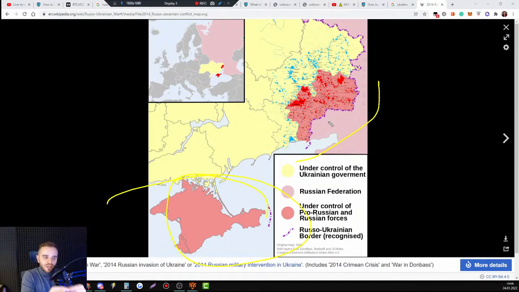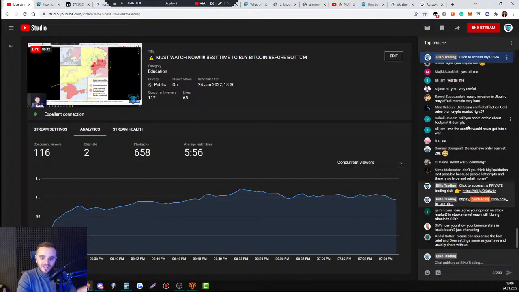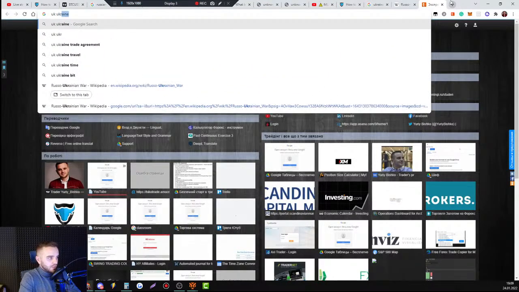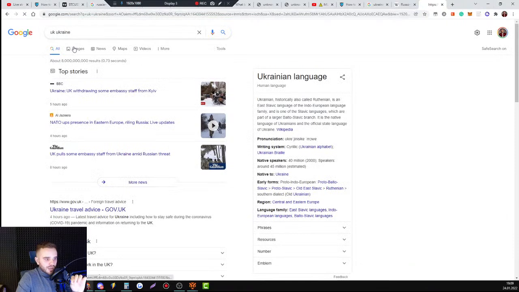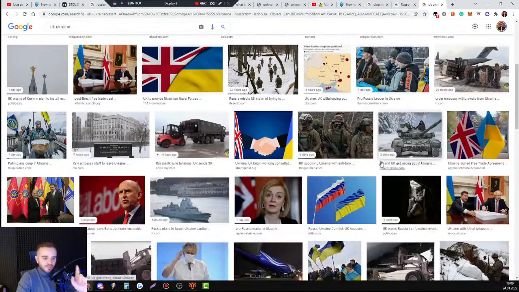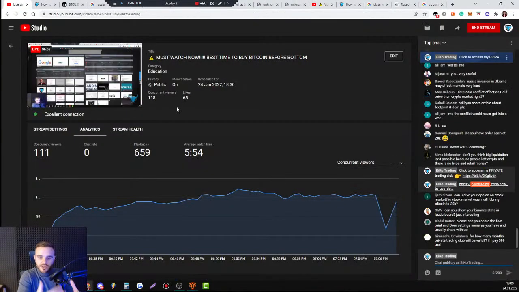Next option, the Ukrainian military's equipment at this moment is completely different than it was in 2014. Why? Because they have new tanks, they have new weapons. For example, the United Kingdom sent to Ukraine, United Kingdom, UK, Ukraine. Ukraine had two weakest points in the military. The first weak point is anti-tank weapons that help destroy tanks, because Ukraine didn't have its own.